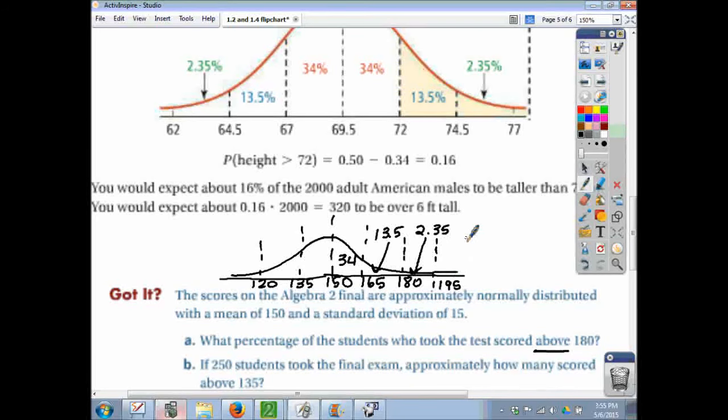And all of the area beyond 3 standard deviations here is 0.15% of the data. So anything above 180 would be, in this region right here, 2.35% plus 0.15%. That's 2.5%. So 2.5% of the students who took this test scored above 180.